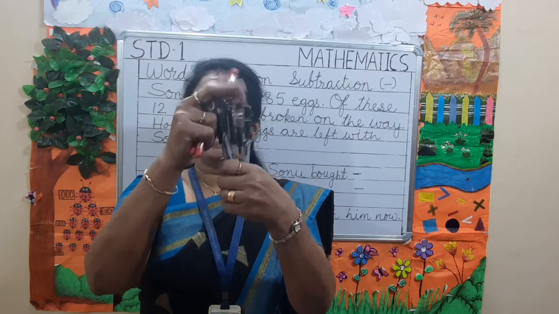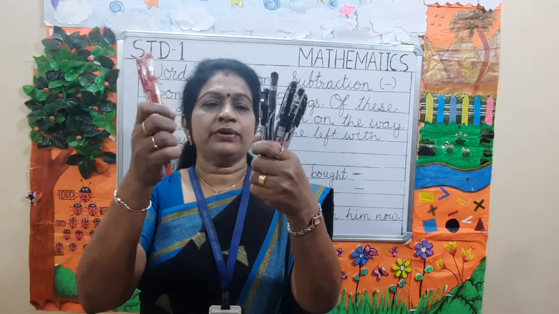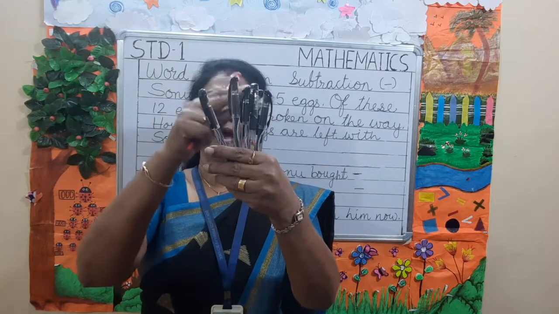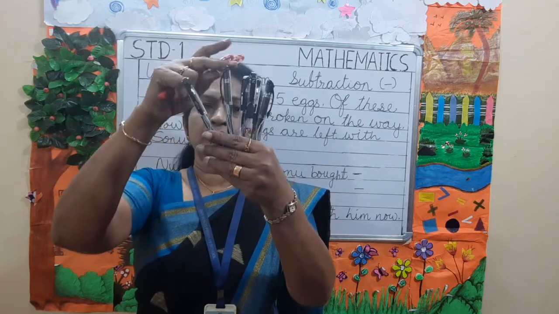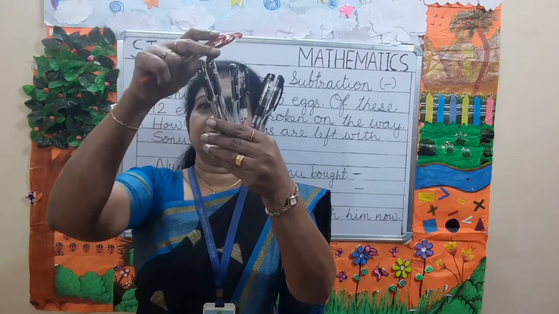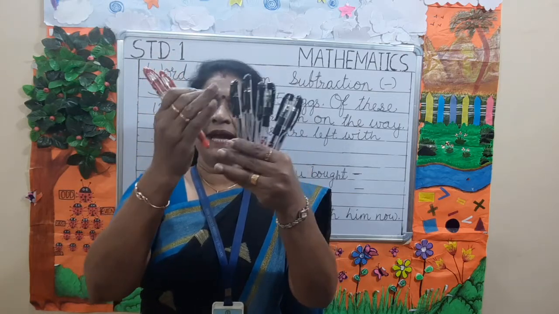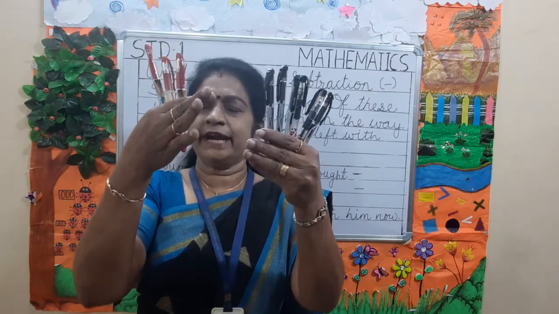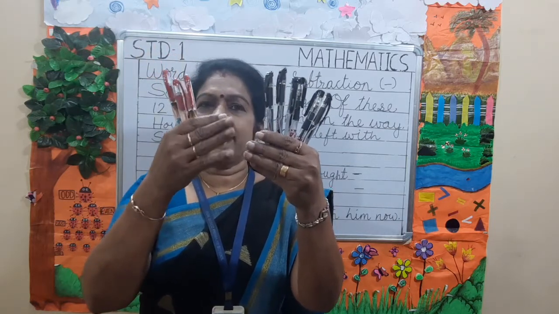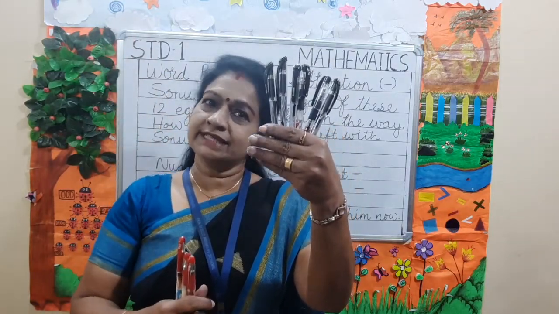Now you have to count how many pens are remaining. How many black pens are remaining? 1, 2, 3, 4, 5 and 6. So 6 black pens are remaining. That means 9 minus 3 is equal to 6. Is that clear?